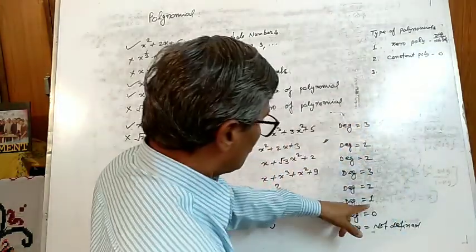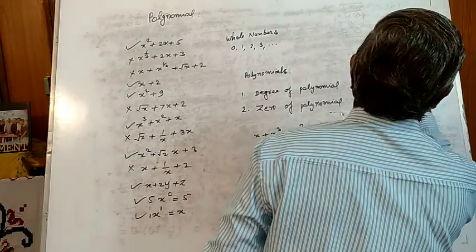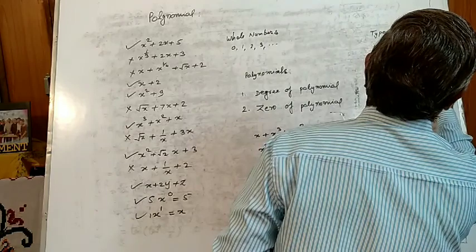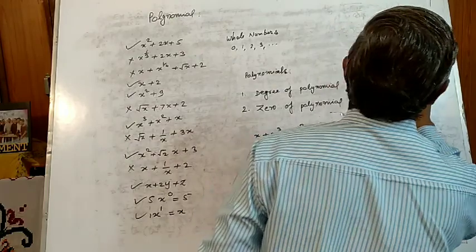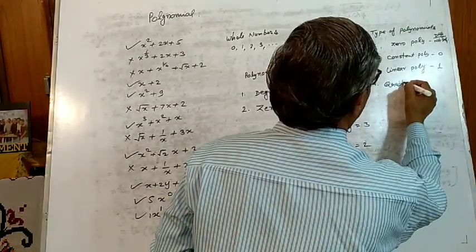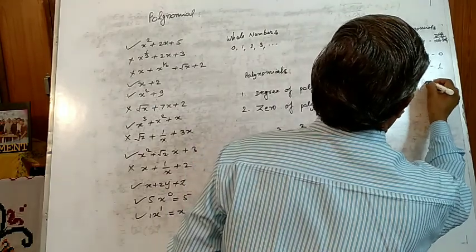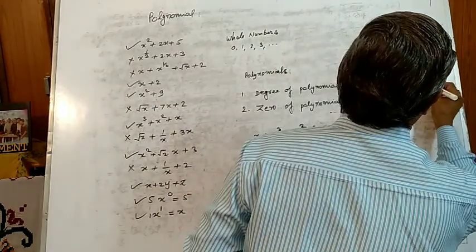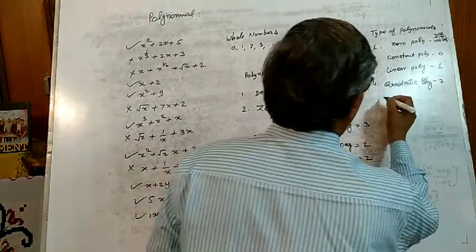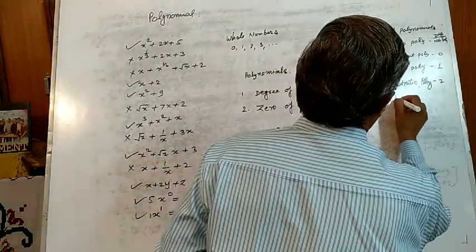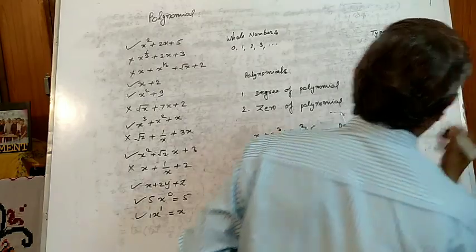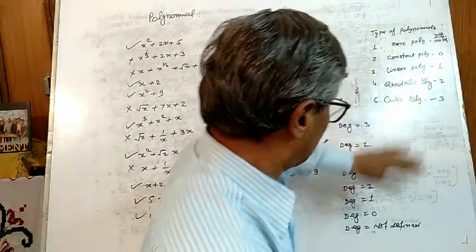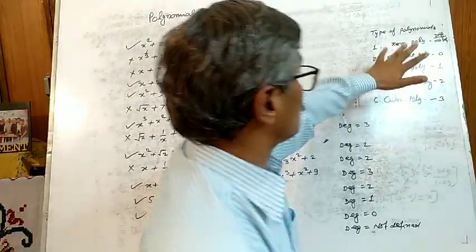Third, linear polynomial. If degree is 1, linear polynomial. Fourth, quadratic polynomial. Degree is 2. Next, cubic polynomial. Degree is 3. This way, according to degree, names are given to the polynomial.